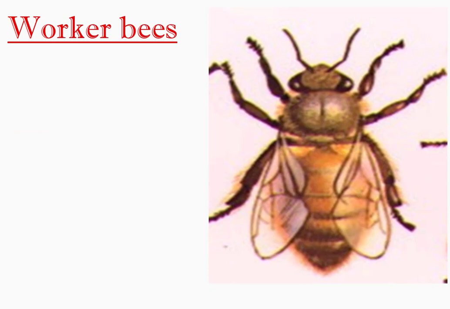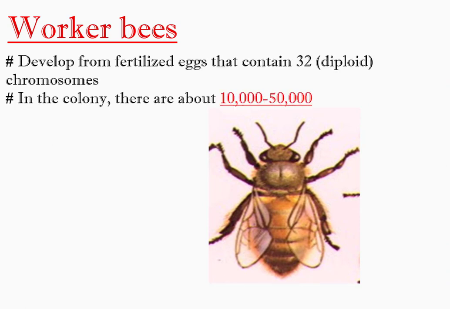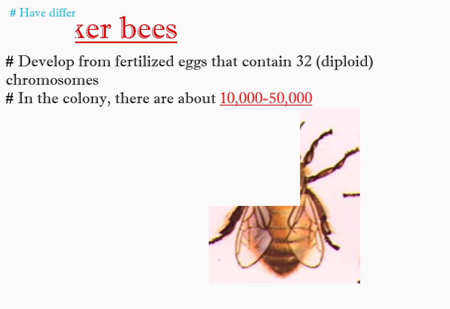The second type of colony member or caste is worker bees. Worker bees develop from fertilized eggs that contain 32 diploid chromosomes. In the colony, there are about 10,000 to 50,000 worker bees.